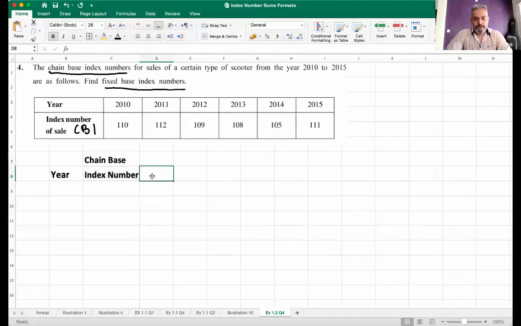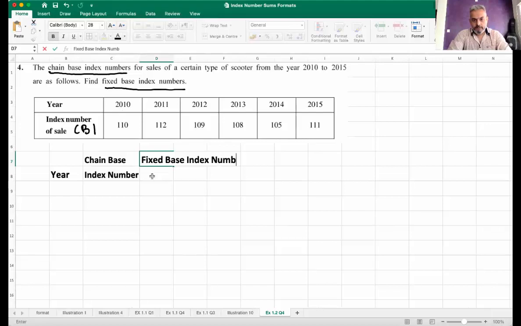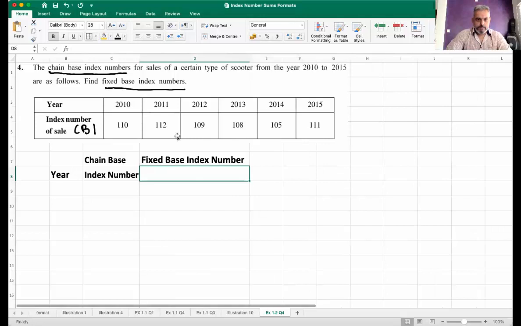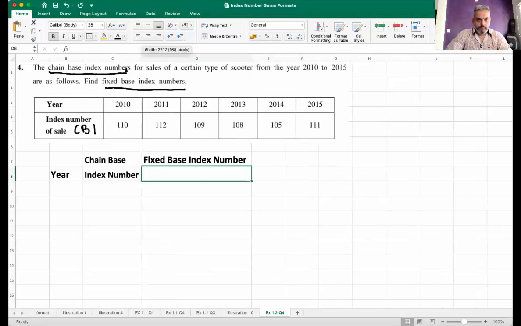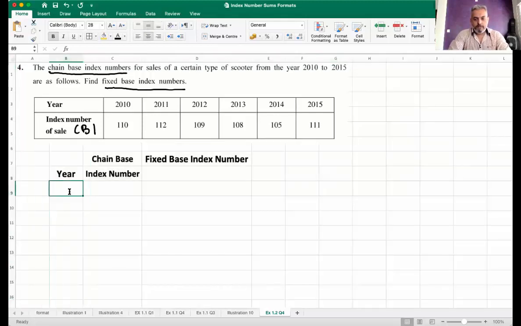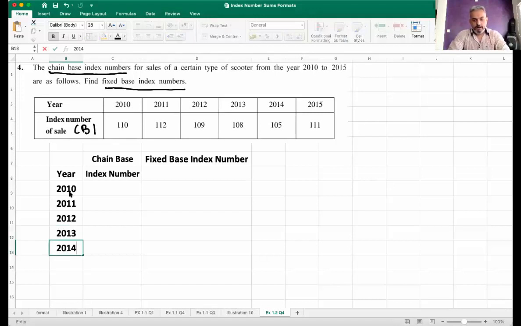Year 2010, 2011, 2012, 2013, 2014, and 2015.